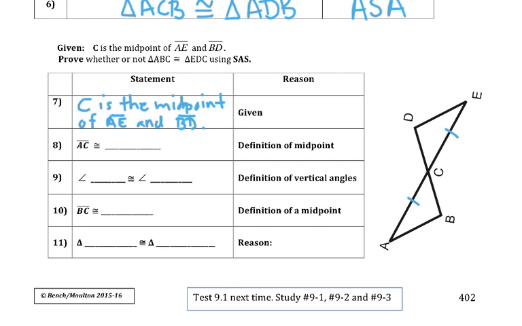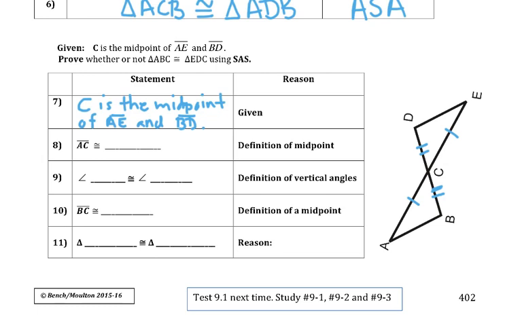AC is the same length as CE. Also, since C is the midpoint of BD, we can say the same thing there, that BC is the same length as DC. So we have a pair of congruent corresponding sides, another pair of congruent corresponding sides.